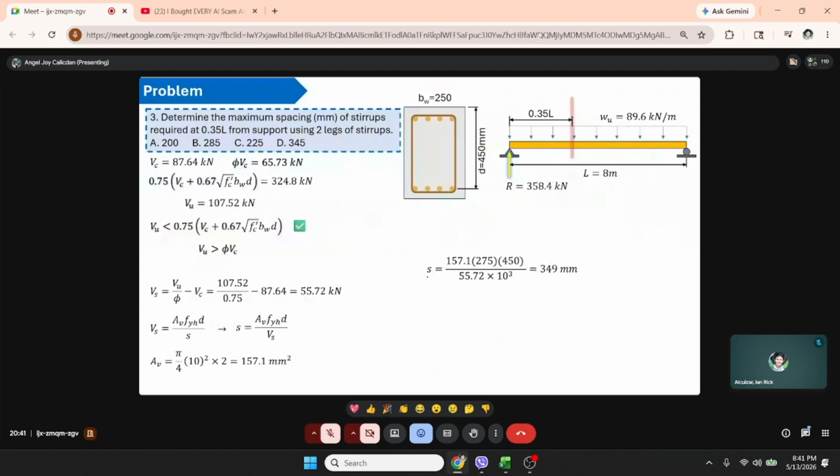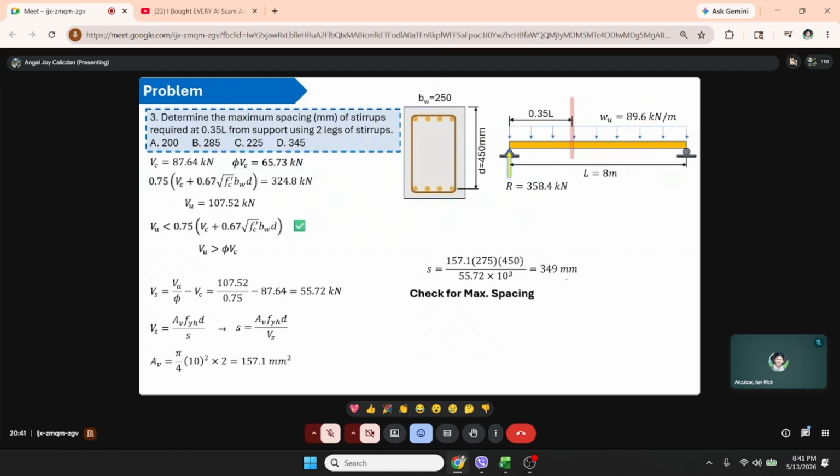So substitute all na nakuha. Av 157.1, Fyh 275, d is 450, and Vs is 55.72 times 10 raised to 3 to convert to Newton, and S is 349 mm.